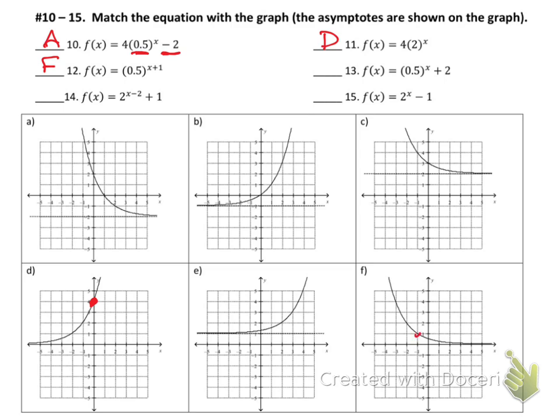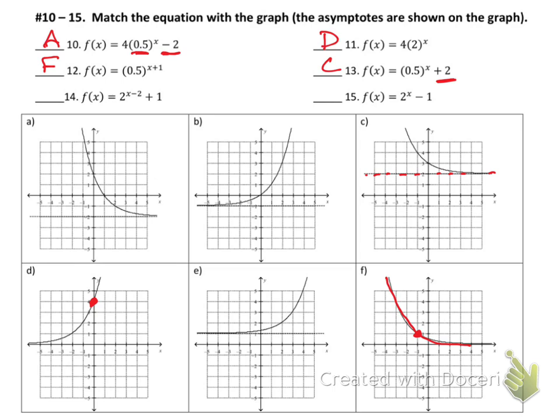Right, it's left 1 and it's a decay. 13. Big clues on 13. It's a decay and it's up 2, right? Yep, so we see that horizontal asymptote at y equals 2. It is C. Very good.